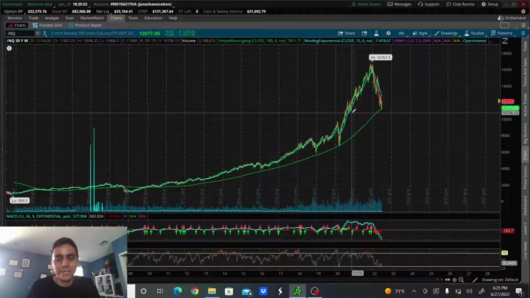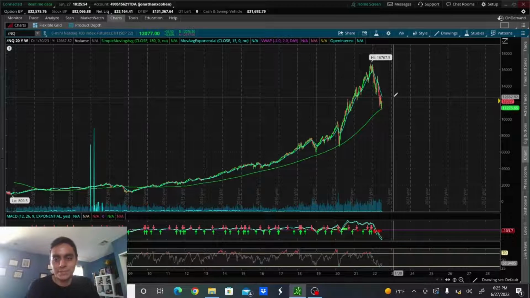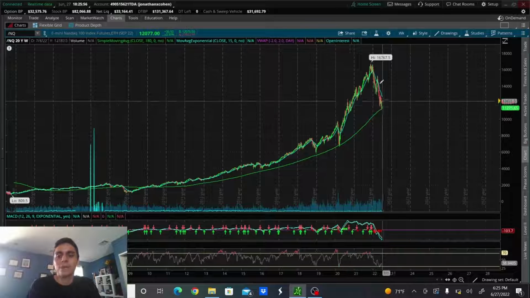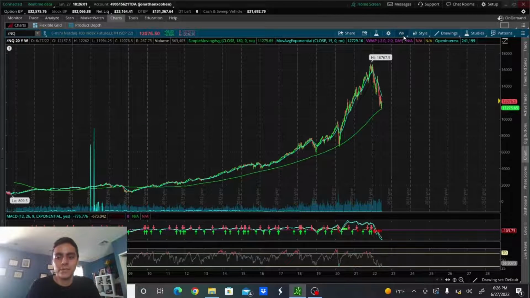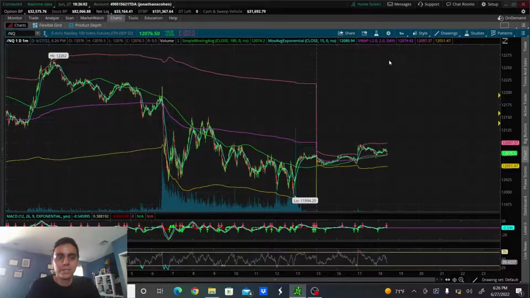Once it does that, then I will feel more comfortable adding to my Tesla position. But as of right now, I would be pretty much adding to something that's losing value, so that doesn't make much sense to me. And yeah, that's ultimately everything I wanted to talk about in my game plan for Tesla. I don't plan to average up on it until I get true confirmation that the Nasdaq is pushing up.